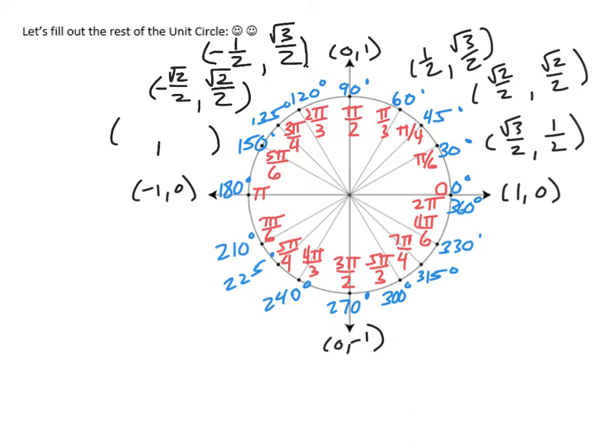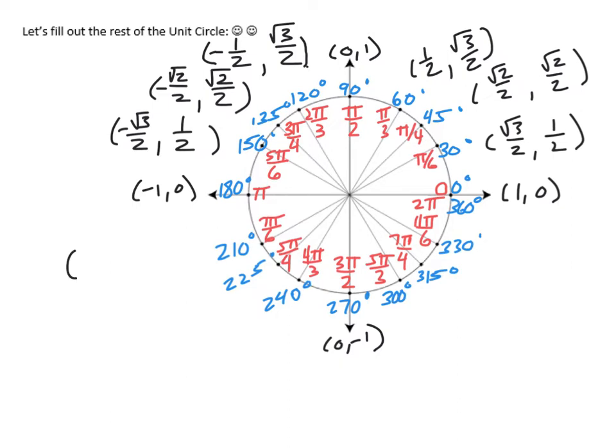How about 150? Okay, that would come from reflecting 30 degrees. Square root 3 over 2 and 1/2. But of course, okay, make that negative square root 3 over 2.